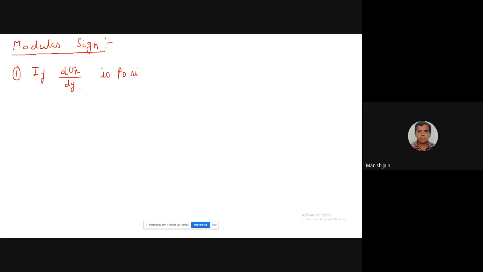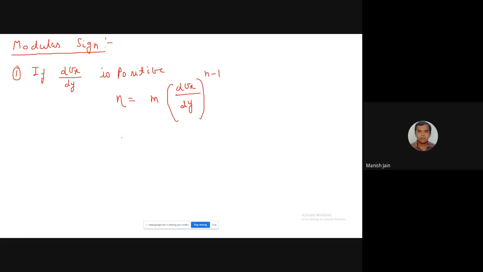So if dvx by dy is positive, then the power law equation will become eta equal to m (dvx by dy) to the power n minus 1.